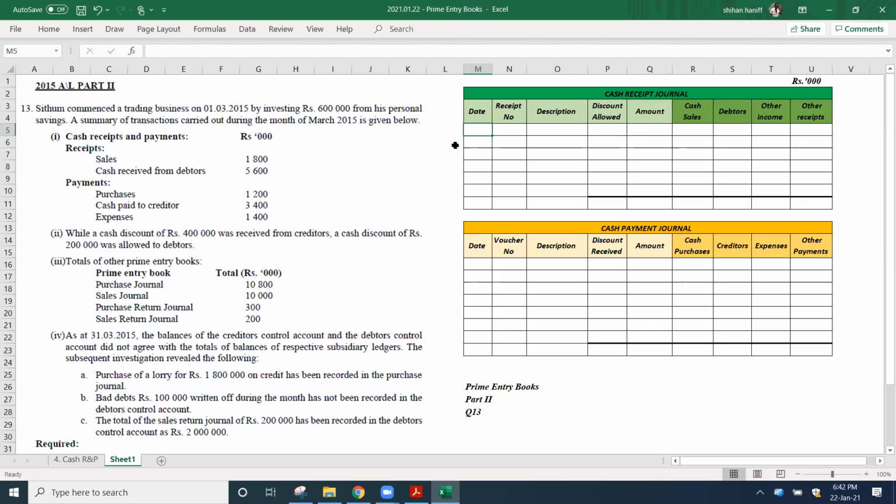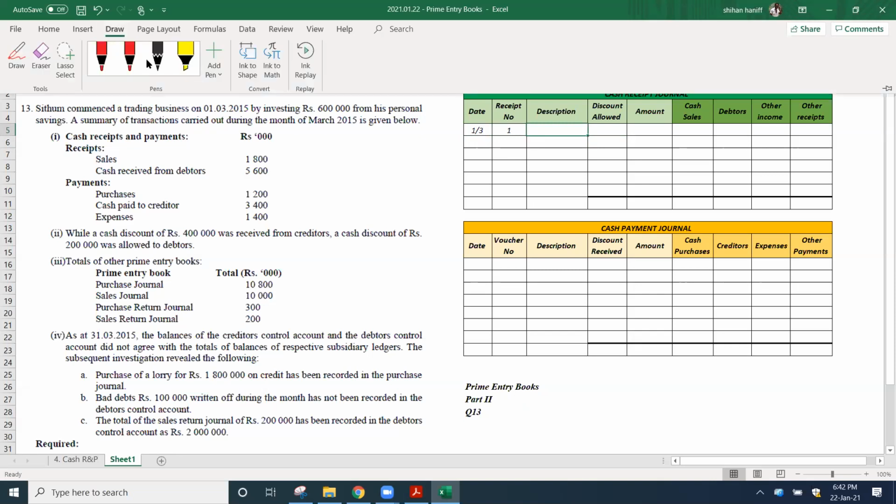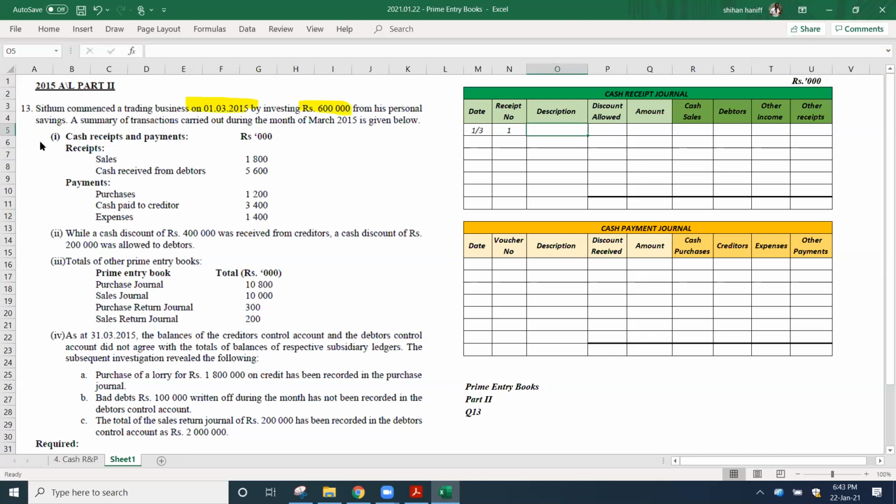Now let's do cash receipt journal, starting with initial investment. Sifun commenced a trading business on 1st of March, investing 600,000. So it is capital 600,000. Other receipt.